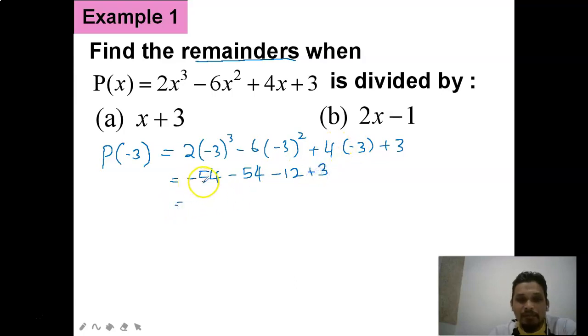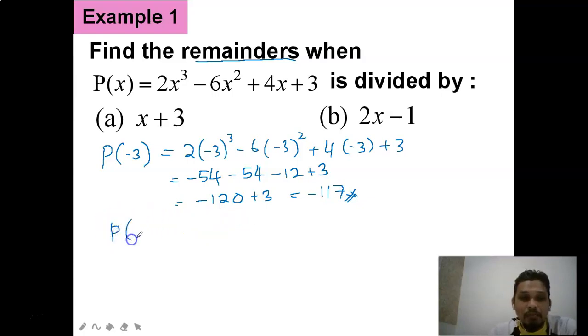So negative 54 minus 54 is negative 108, minus 12 is negative 120, plus 3 equals negative 117. Sorry, 117.